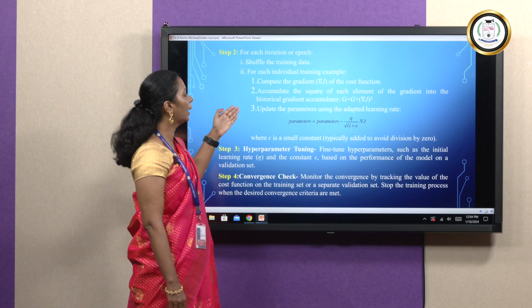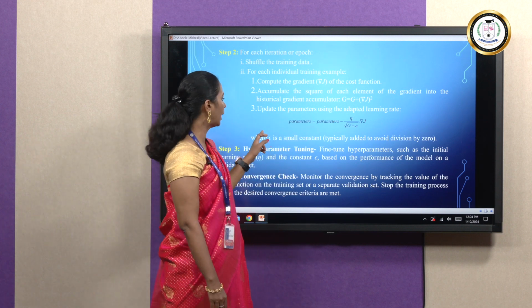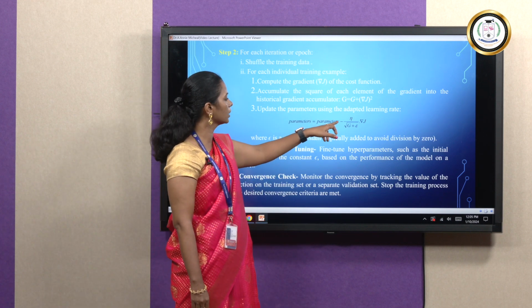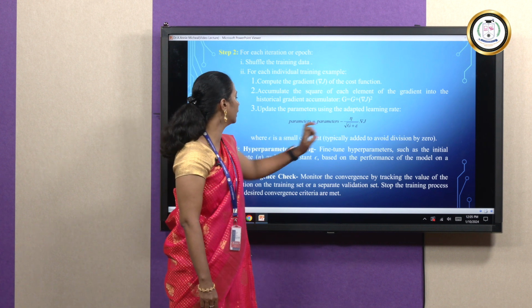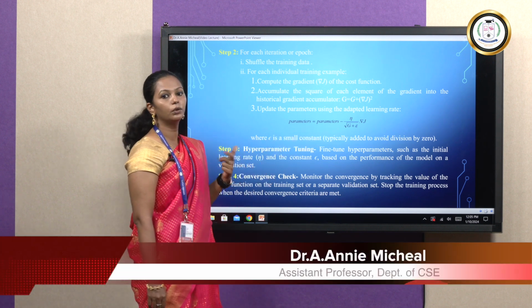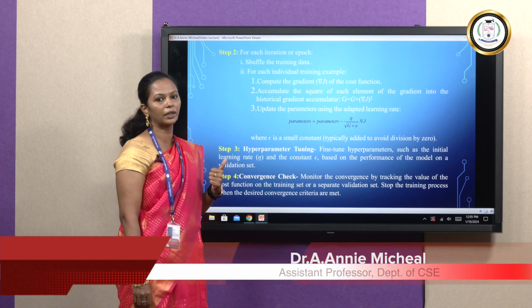Then after that you are going to update the parameters using the adaptive learning rate. So parameters equals parameters minus learning rate divided by square root of G plus epsilon, times gradient. Here we are going to add epsilon, which is a small constant, to avoid division by 0, because any number divided by 0 will become infinity.